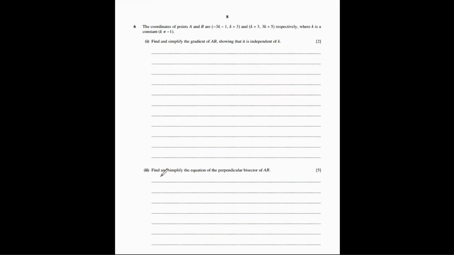Then find and simplify the equation of the perpendicular bisector of AB. So for the perpendicular bisector, we need the midpoint of AB and then we need the gradient of the perpendicular bisector. A is (negative 3k minus 1, k plus 3), and B is (k plus 3, 3k plus 5).